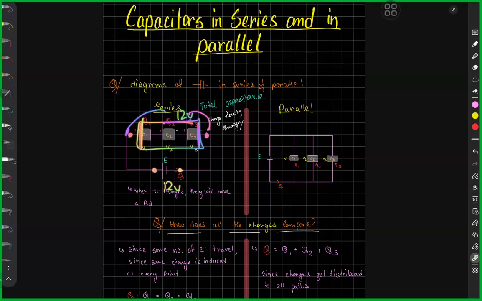So whatever the net capacitance is of having three capacitors in series together, I will divide my total charge flowing through by that net capacitance. That should give me the EMF supplied or potential difference across all the capacitors. Same as over here.